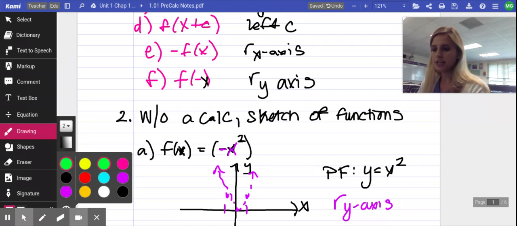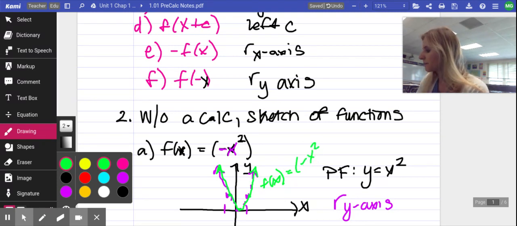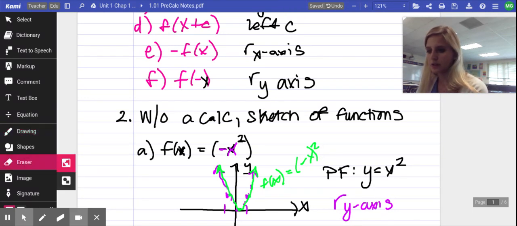If I take each of these points and reflect them over the y-axis, nothing actually changes. So this one is the exact same graph as its parent function. So f of x is equal to negative x squared, which should be, oh, here, that 2 should be outside the parentheses.